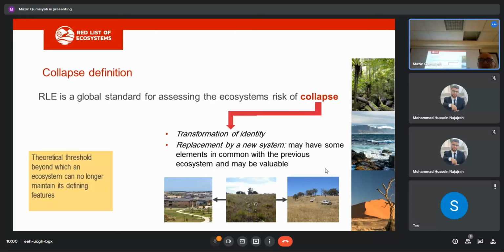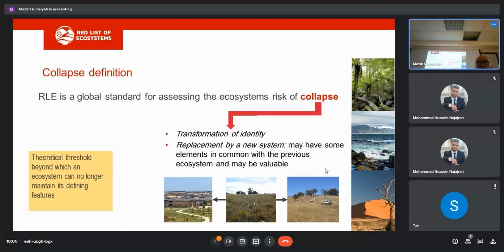But for an ecosystem, the collapse, or the extinction, is a transformation of its identity. Usually it doesn't disappear completely, but it changes. And that's the problem affecting some ecosystems. So it's a transformation of identity or replacement by a new system.